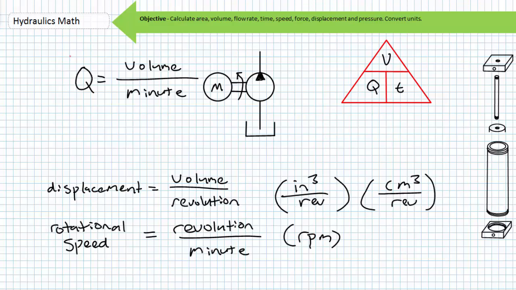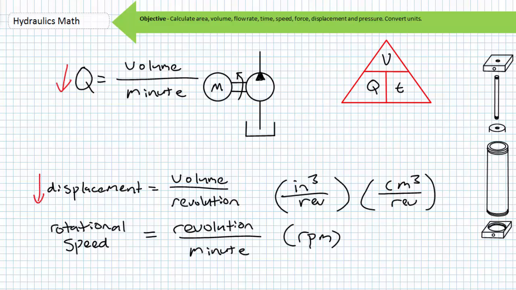If rotational speed is decreased, flow rate decreases. If rotational speed is held constant and displacement per revolution is increased, flow rate increases. If displacement per revolution is decreased, flow rate decreases.